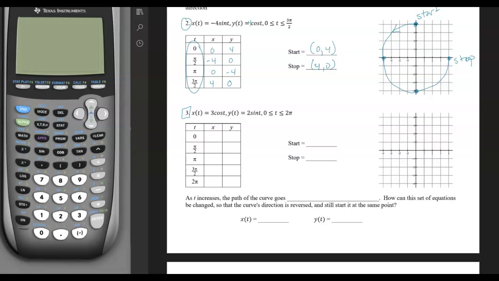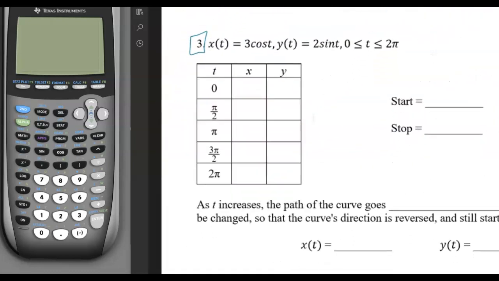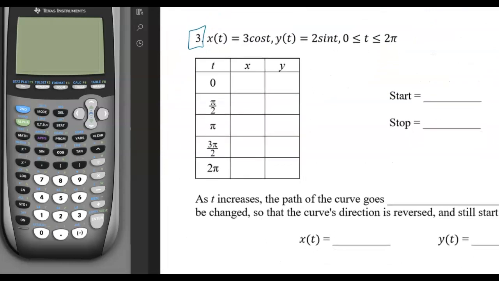So what is our x value for the 0 degree angle? Yes, 3. Because remember, at the 0 degree angle, our point is 1, 0.